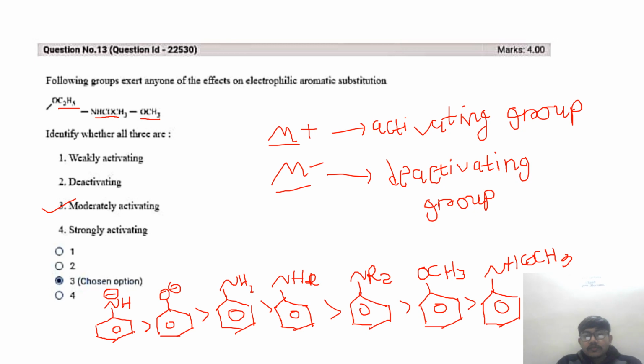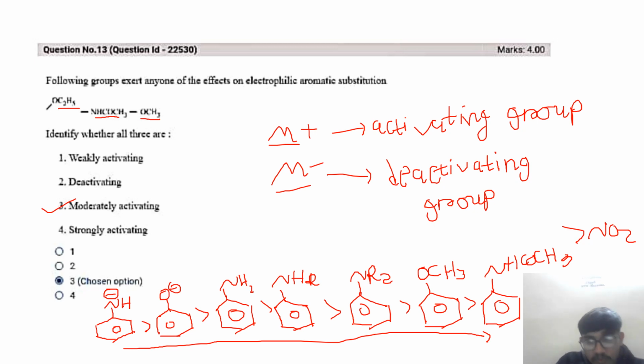So as you move from the top to the bottom, from NH minus towards NO2, the last group, which is the least activating and the highest deactivating. This OCH3, NHCOCH3 and also OC2H5 will come in between, in this range, and that's why they are called moderately activating.